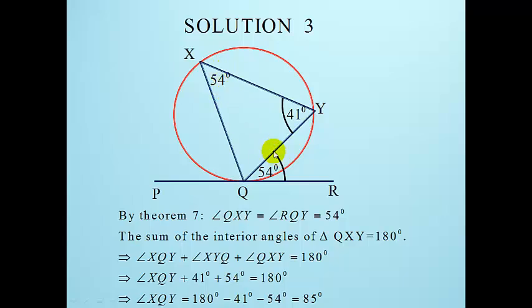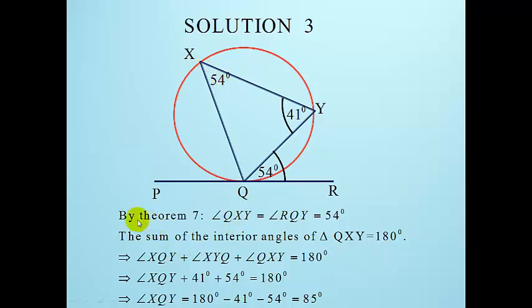It is because the angle between the chord QY and the tangent line PQR, that is 54 degrees, is the same. And therefore, if the angle at Q, that is YQR, is 54, then the angle that the same chord sustains at the circumference is also 54 degrees.